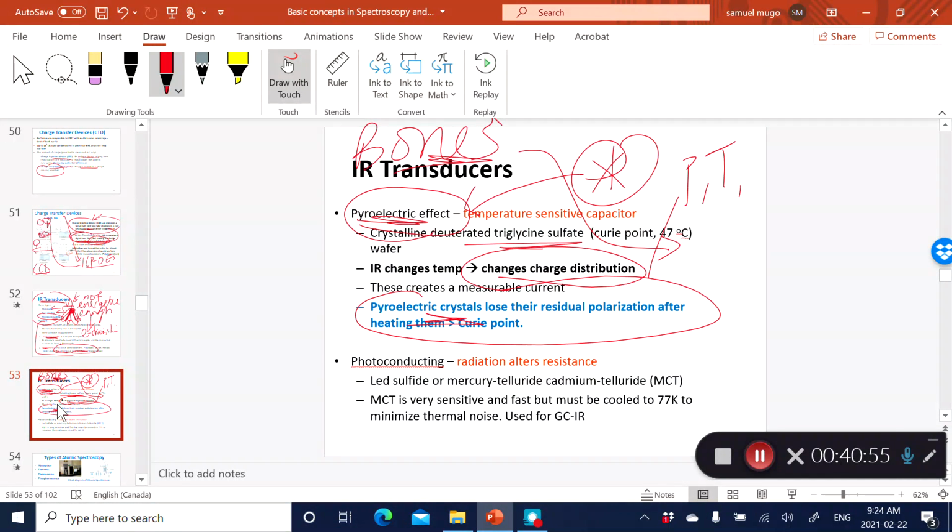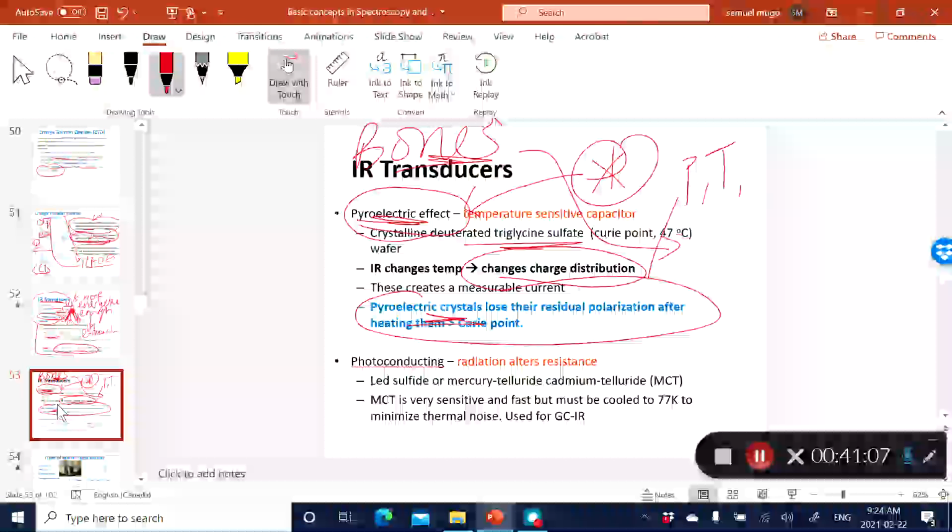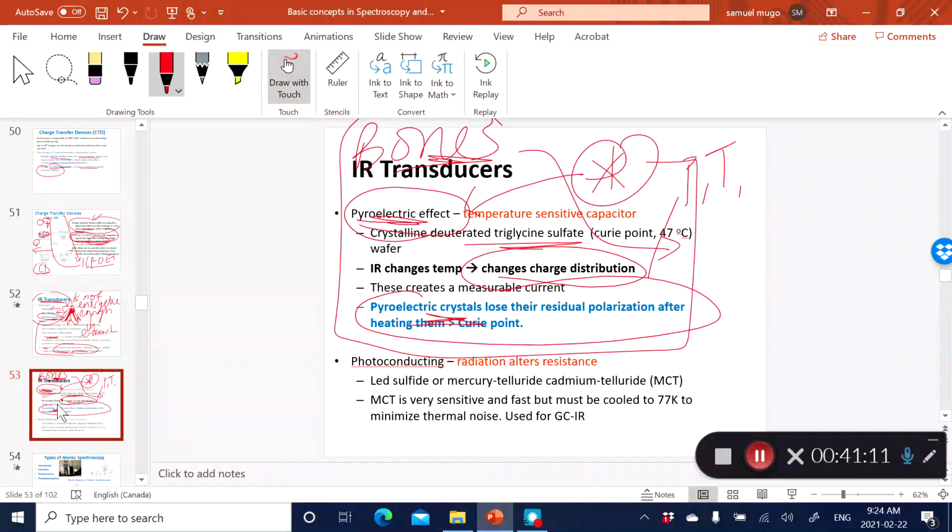These days researchers are studying all these materials, and you can use them for generation of small amounts of electricity. But in this case, I'm talking about the pyroelectric effect as the basis for the IR transducer. I hope all of us understand that.